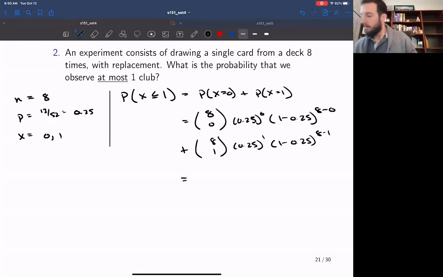Okay, so a couple quick things here. Anytime you have a value choose 0, that's going to be equal to 1. So 8 choose 0 is 1, 10 choose 0 is 1. In general, anything choose 0 is 1. Because there's only one way of getting nothing, of choosing none of the outcomes of interest out of the total number of events. 0.25, anything to the power of 0 is also 1.